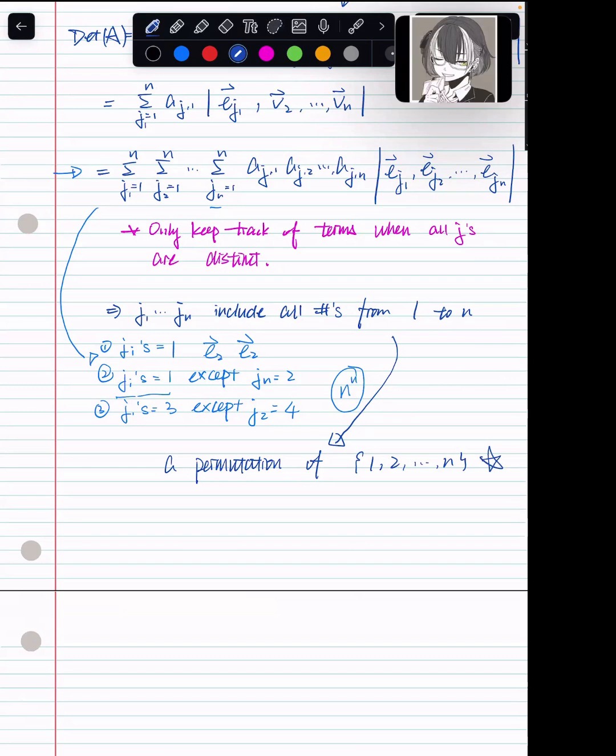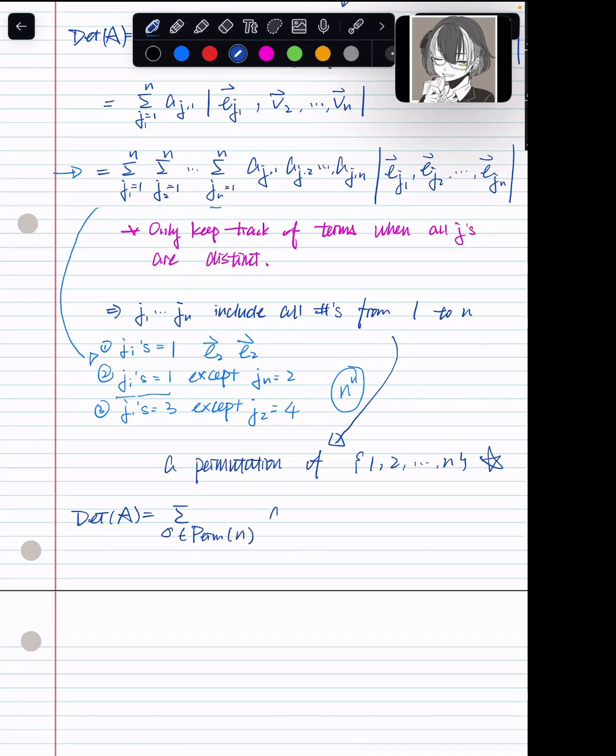All right, now we can write the determinant of A as equal to the sum over sigma, where sigma is an element belonging to the permutations of n. Sigma is not a number, but a combination from the permutations of n.